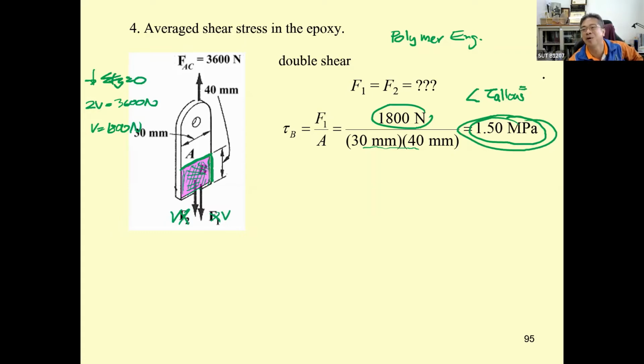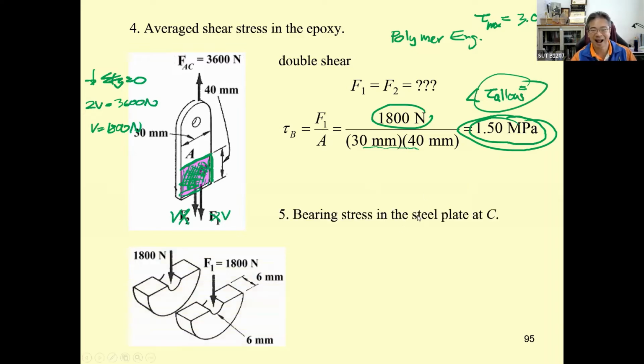That means you're supposed to develop the glue with the tau maximum strength maybe 3.0 megapascal, in order for the shear stress occurring over here to be less than the tau allowable.